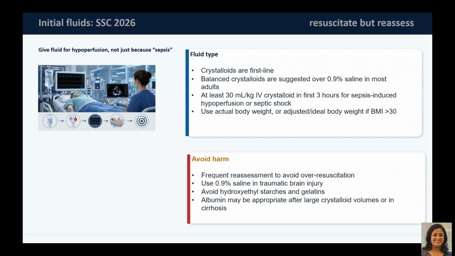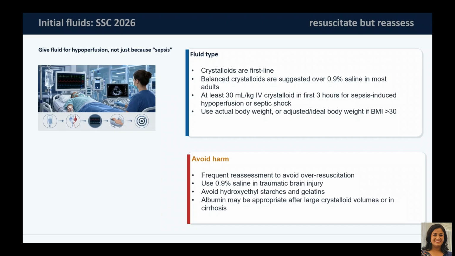Okay. So what are the things we have to worry about when we are giving fluids? When you are giving fluids, you have to frequently reassess whether we are over-resuscitating the patient. Okay. And also, in our setup, we have 0.9% saline as well as Hartmann's. But if the patient is having a traumatic brain injury, it is 0.9% saline that we have to give. Okay.